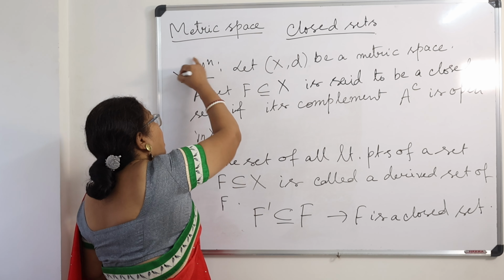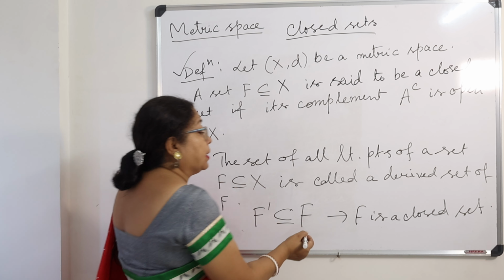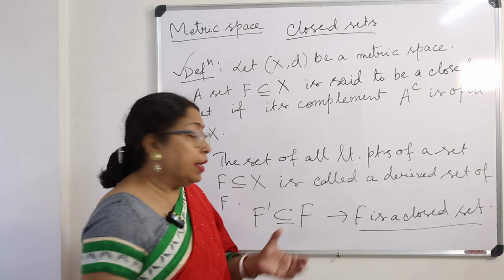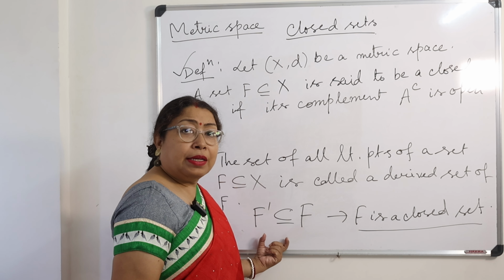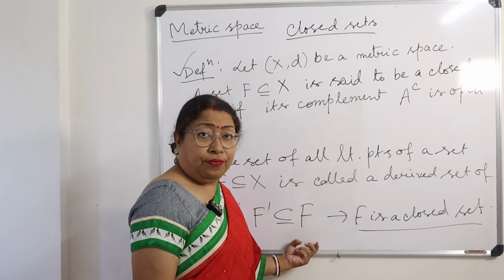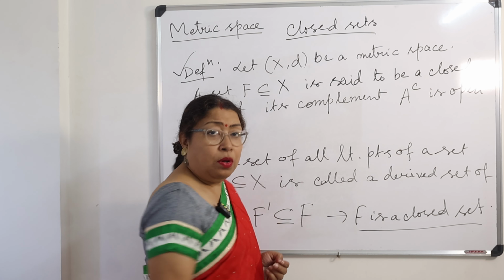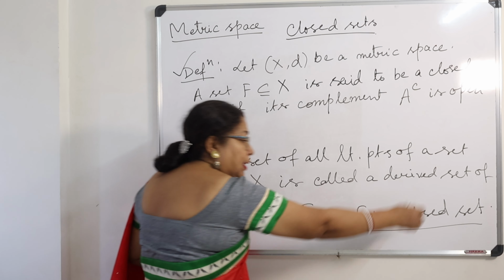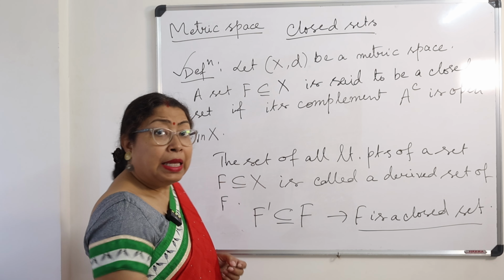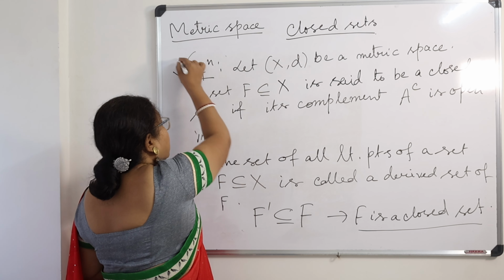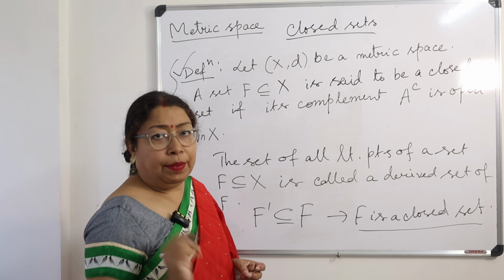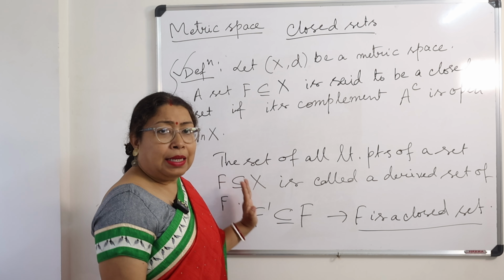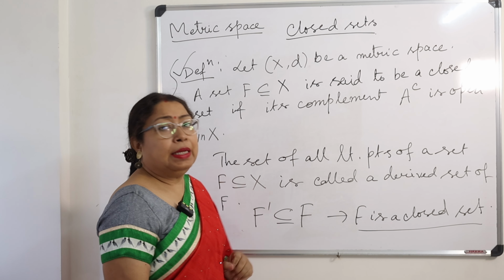If we start with this, we can prove that a subset F for which its derived set is a subset of F is closed. On the other hand, if we consider this as the definition of a closed set, then we can prove this as a theorem. Later, we can discuss this part.